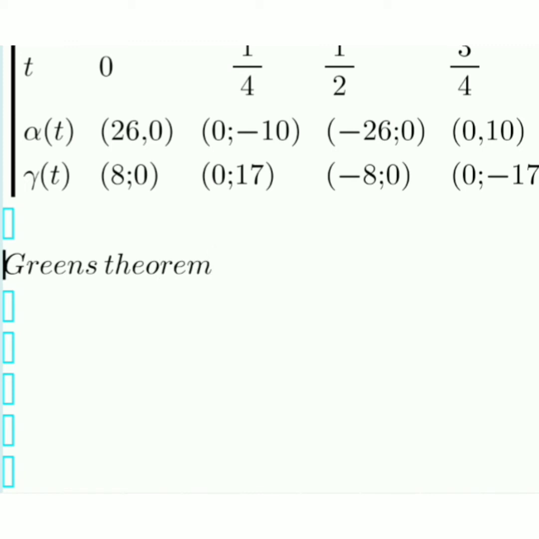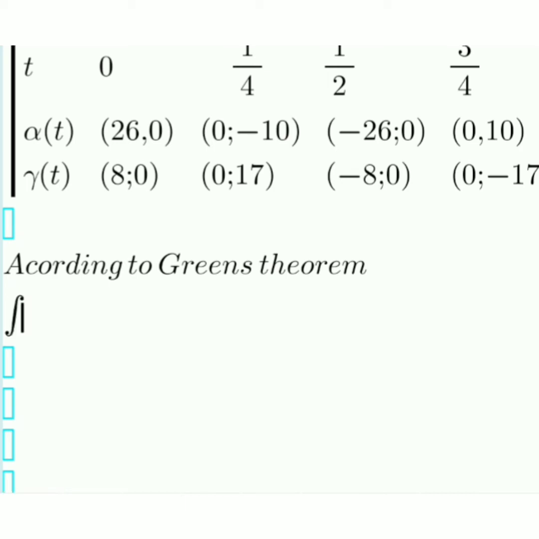According to Green's theorem, if any path gamma, and our equation is x dy minus y dx over x square plus y square.